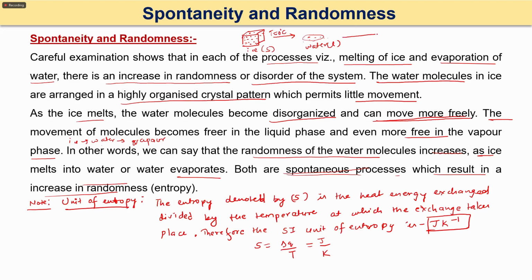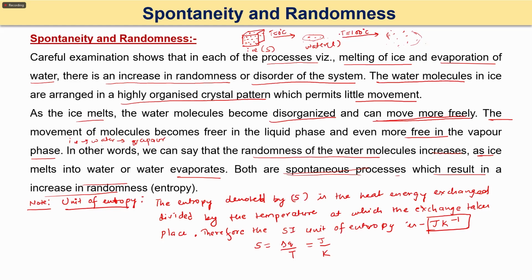And if we provide 100 degrees Celsius, that is the boiling temperature, what will happen? This water will evaporate and will turn into gaseous phase. Vapor will form. So in that case, your water molecules will be more free to move. Okay. So what is happening in going from solid phase to liquid phase to gaseous phase?